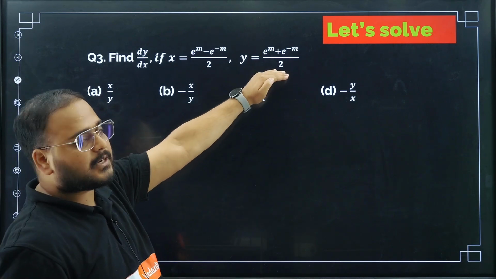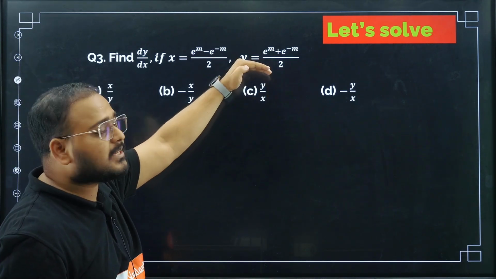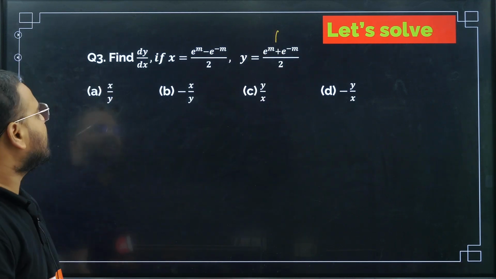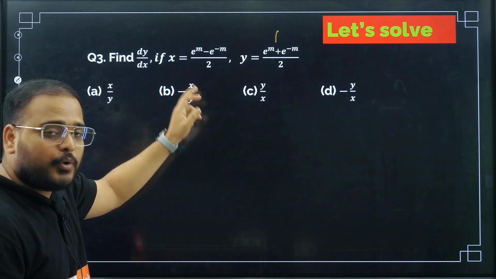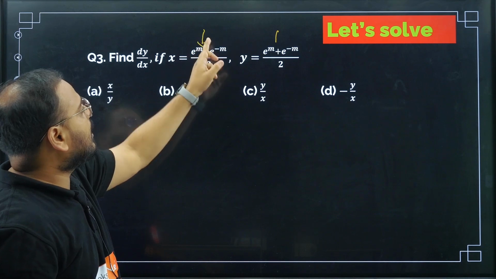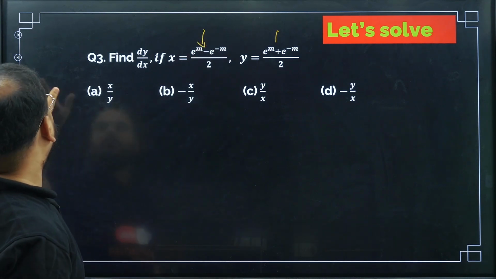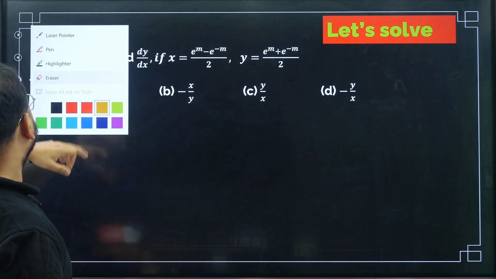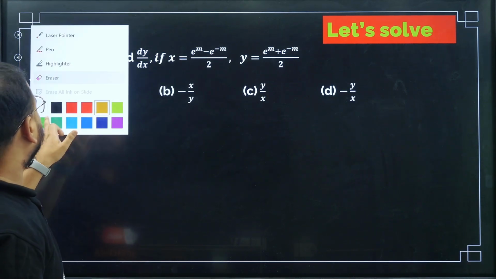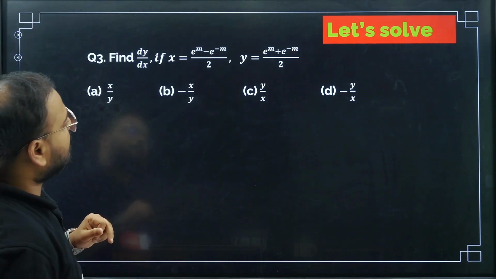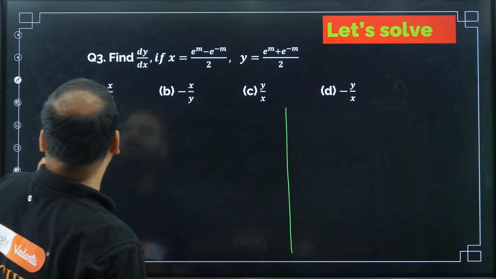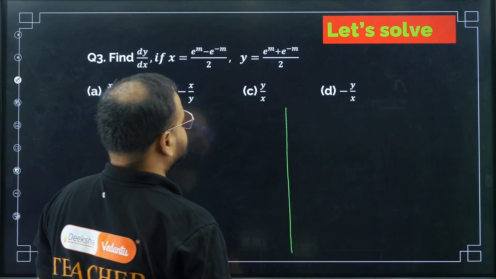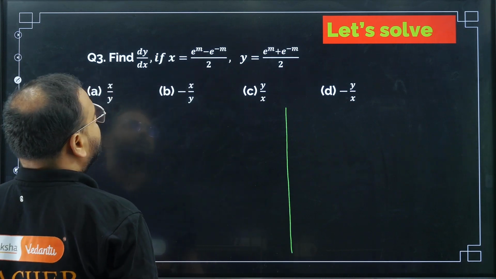First differentiate y with respect to the variable m, because the operating variable is m in this case. In the same way, differentiate x with respect to m.